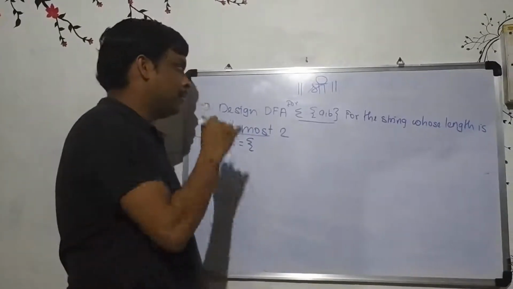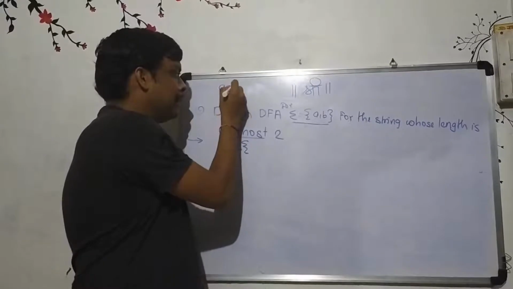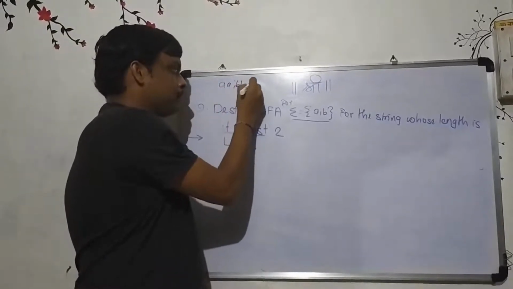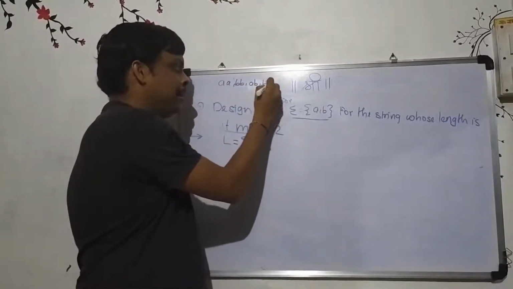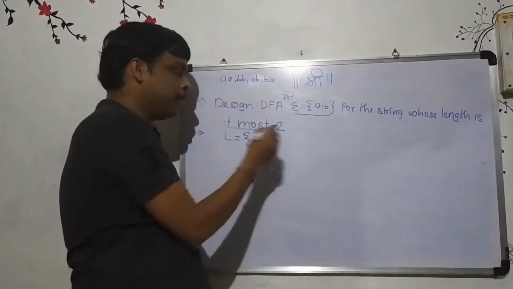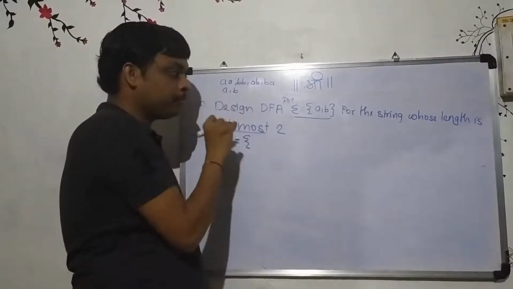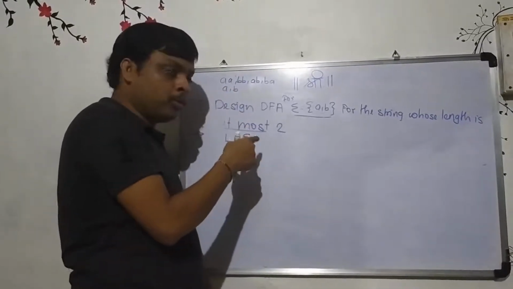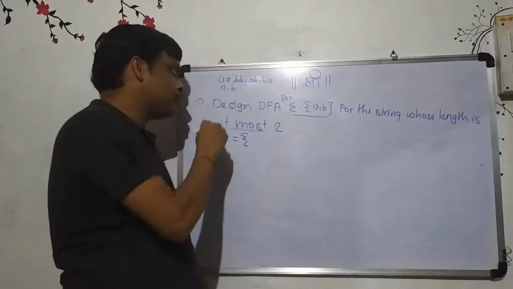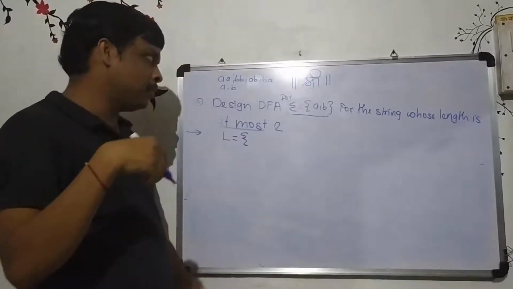Examples of strings with length 2: AA, BB, AB and BA. Examples of strings with length 1: A, B. And at most 2 means 2, 1, 0 also we have to consider.